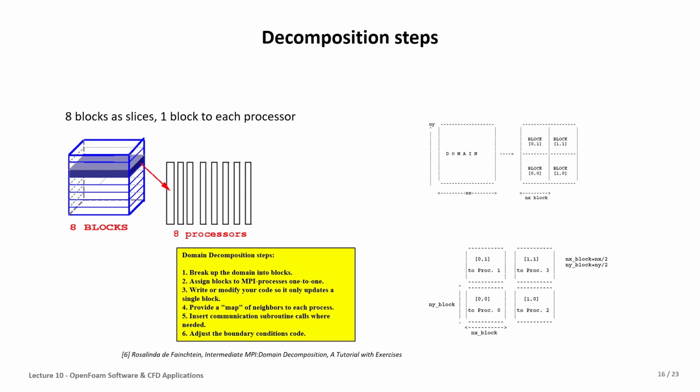Therefore, we can make the modification and write the code to update the single block and provide a map of neighbors for each processor, insert the communication subroutine, and then adjust the boundary condition. This setup is required to make the decomposition.